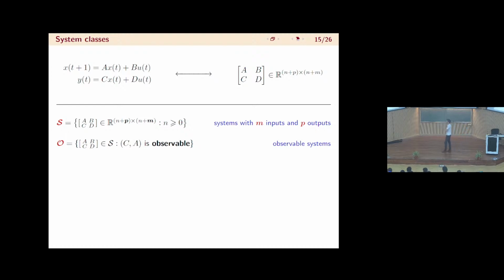We can also consider the subset of those systems that are observable, and we use a notation O for that. Yet another subset of that set of observable systems is the set of minimal systems. So those are systems which are both observable and controllable.